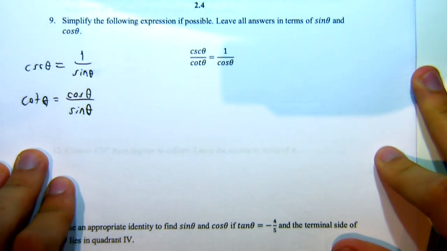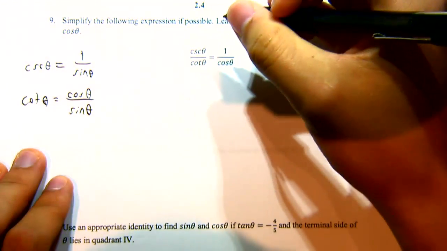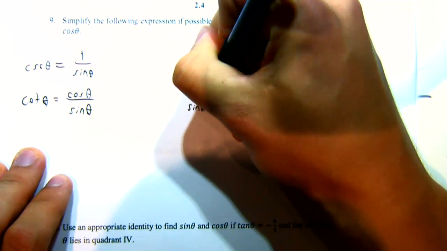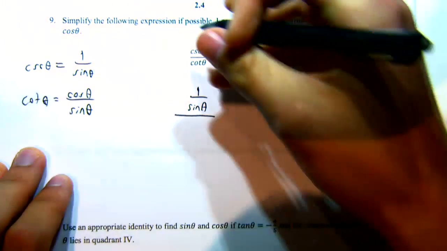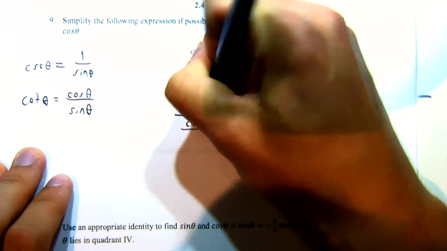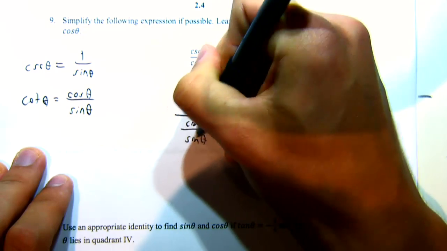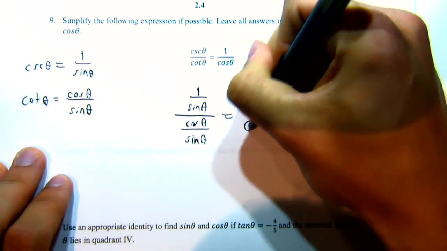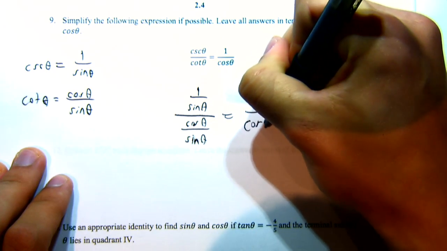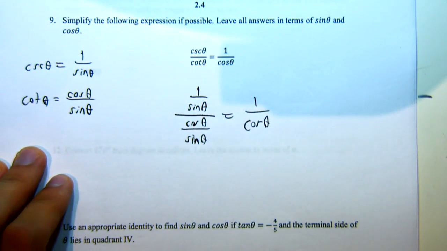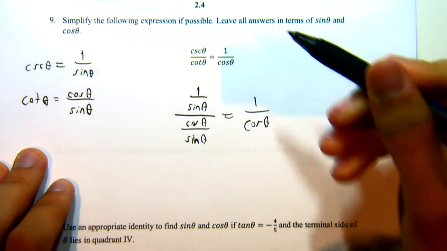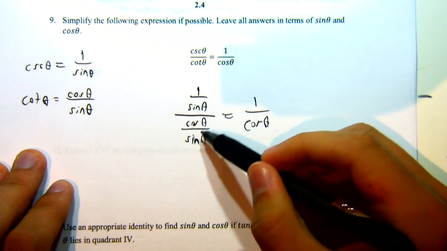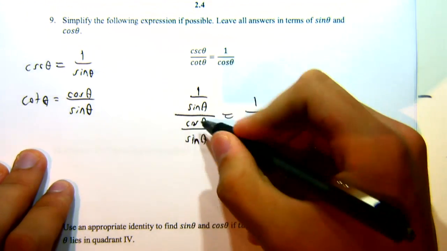Alright, so let's go ahead and use that. So we can substitute those into here. 1 over sine theta, cosine theta over sine theta, and that is equal to 1 over cosine theta. Alright, so now we can multiply by the reciprocal of this, right?